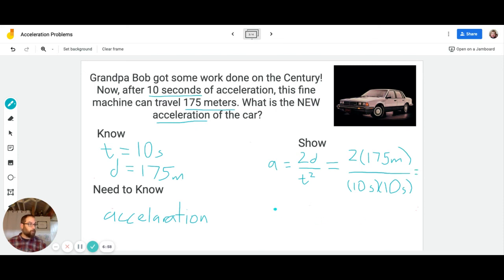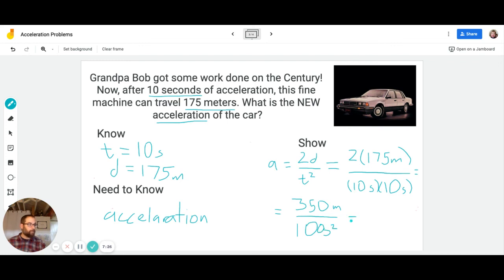So to do that, twice 175 is 350. So 350 meters on the top. Divided by 10 seconds times 10 seconds. And I'm going to write that as 10 seconds squared. Or 100 seconds squared, I'm sorry.